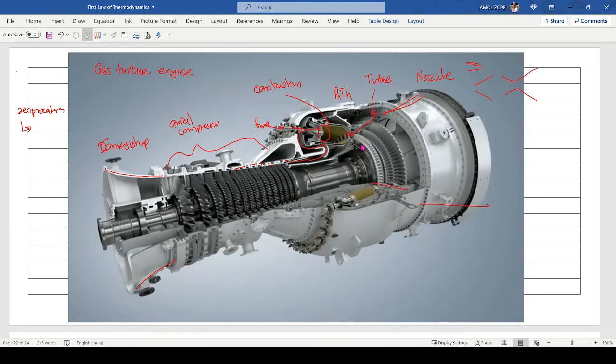Instead of this turbine using an axial turbine, if you make use of a reciprocating form of mechanism to transfer the motion, you call it an internal combustion engine. Auto engine, diesel engine, whatever that is. So basically what changes is the actual mechanism.